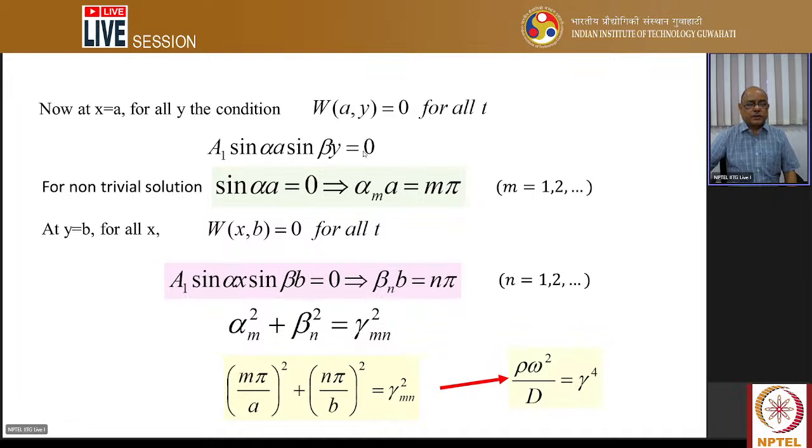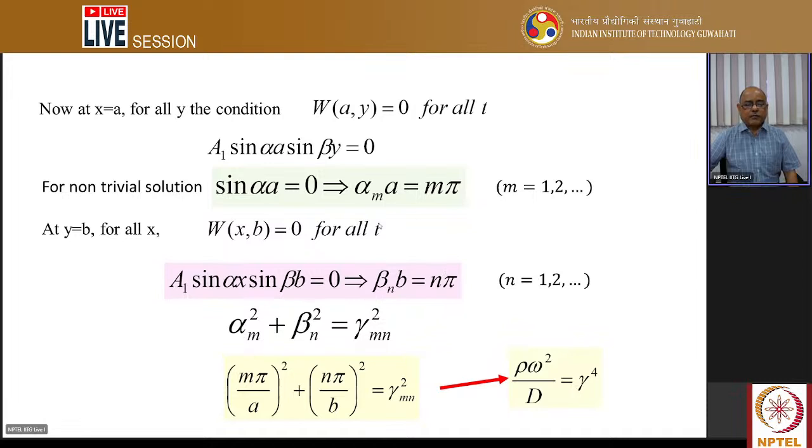So it gives this equation, which indicates that alpha m is equal to m pi. Similarly, for this coordinate, that is y equal to b, it is again simply supported, so that boundary condition gives beta n b equal to n pi.